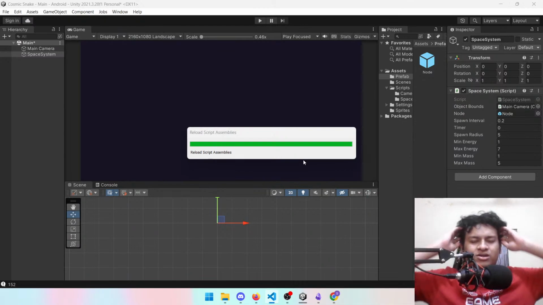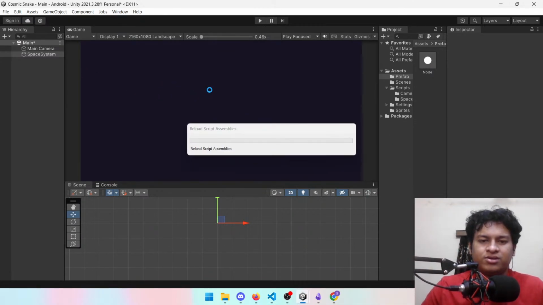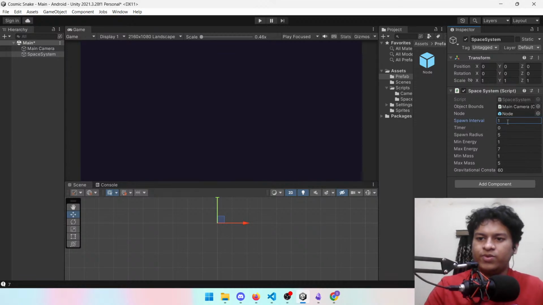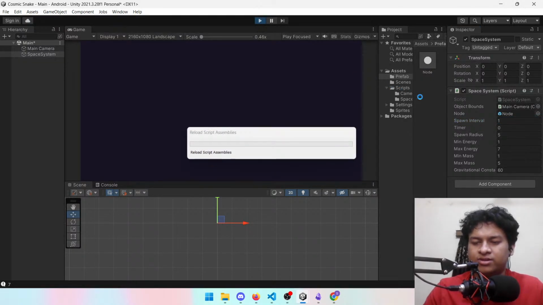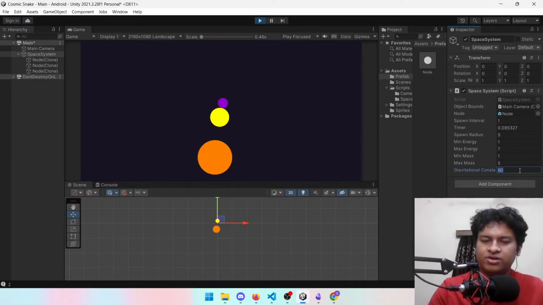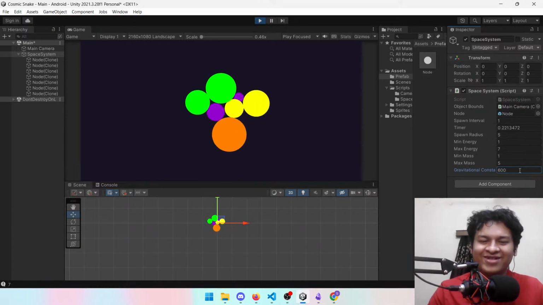Let's mess with it. Let's decrease the spawn rate. Let's have only a few nodes and we'll mess with it. Spawn rate 1 second. Gravitational constant 600. Let's go.